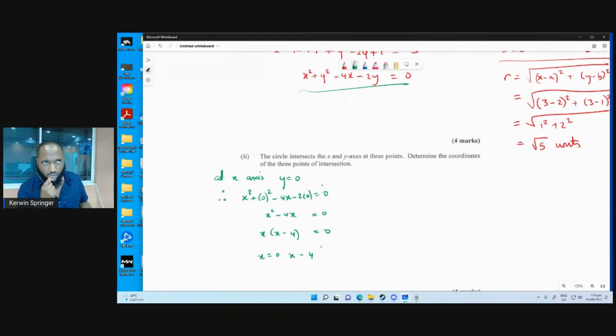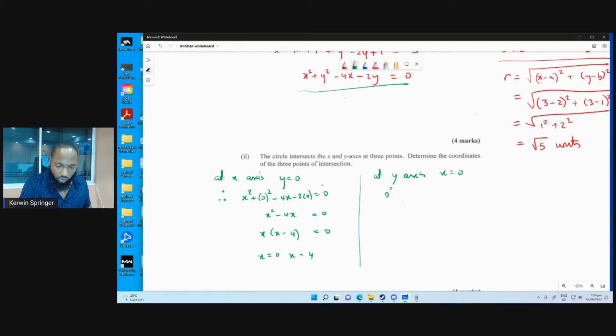At the x-axis y is equal to 0. Let me try the next one as well. At the y-axis, x would be equal to 0. So it cuts through the origin. I see a little origin vibes going on here.